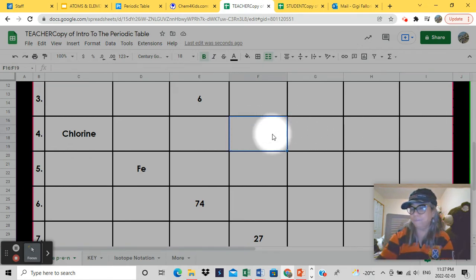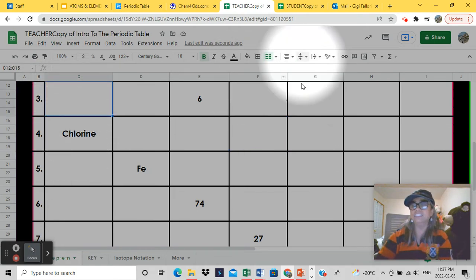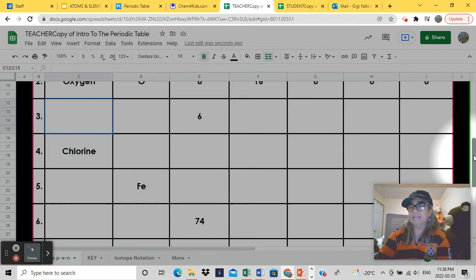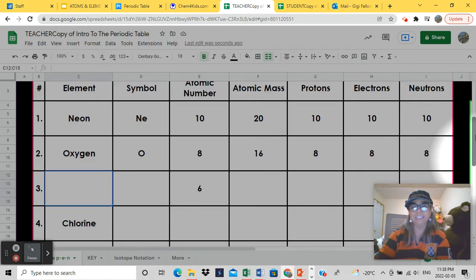I think when we have pixel art, it really makes learning more fun, right? The connection always with art, right?